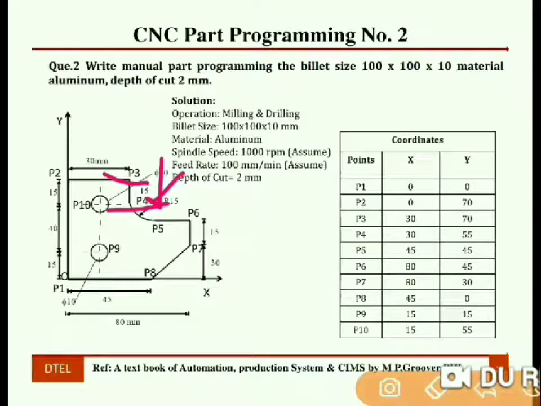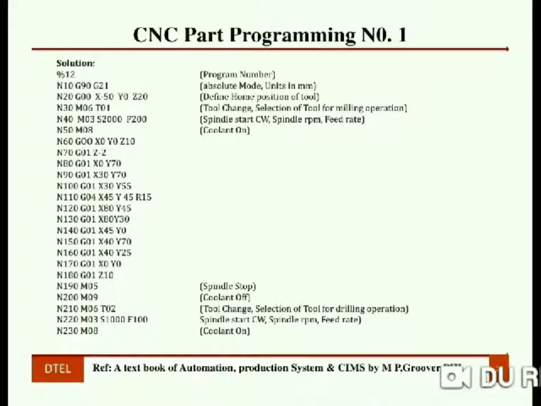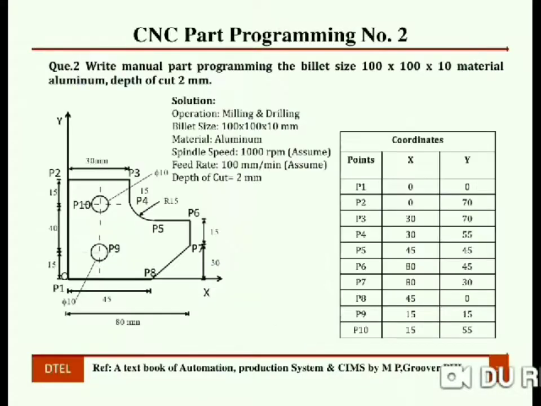So G01 linear interpolation and coordinates of the P4 position. In block number N100, G01 X30 Y55. That is the P4 position.